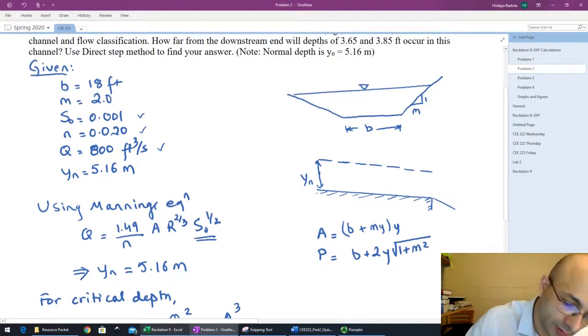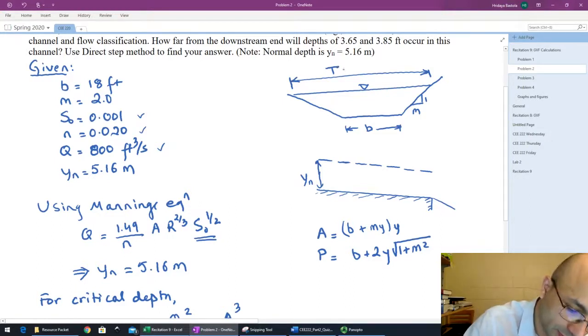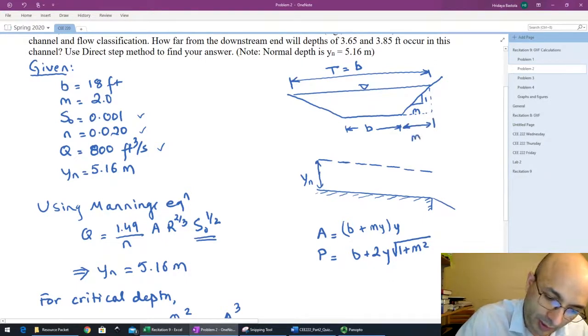So the top width is this width at the top, and T equals B plus twice of this length here, which is equal to my.